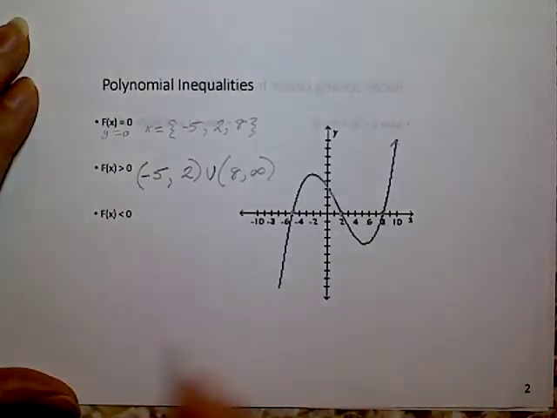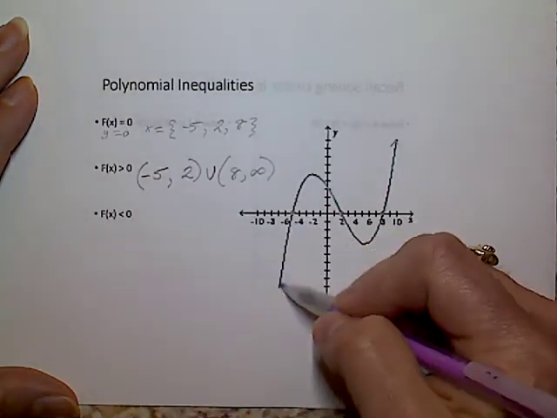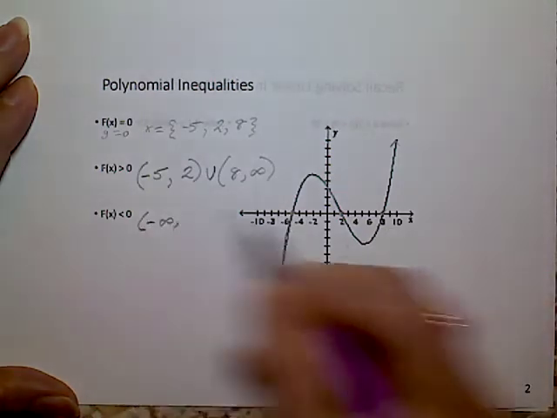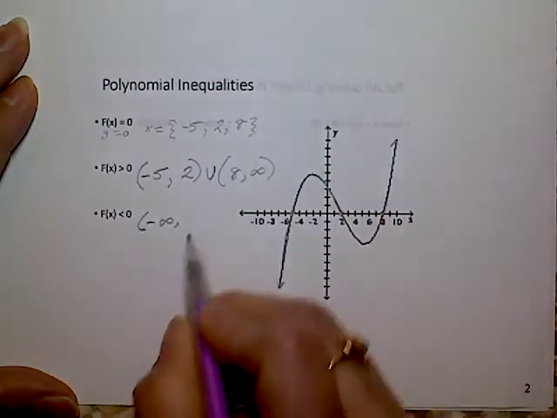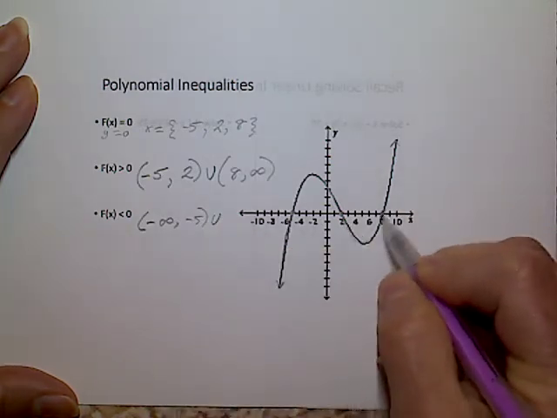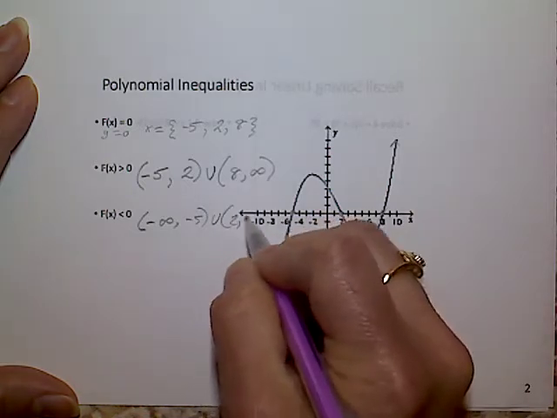This one's asking where is y less than 0, f of x less than 0. Well, that's here. So I'm going to start here at negative infinity until it reaches -5. And then this interval also, from 2 until 8.